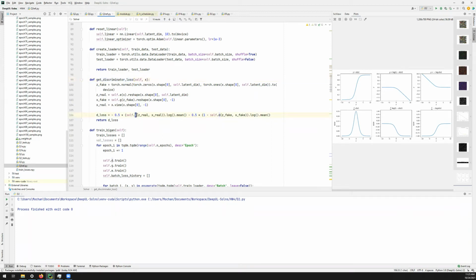So we have the discriminator with the real value, I'm sorry, the latent of the real value and then the actual image, and then we send it to the discriminator.